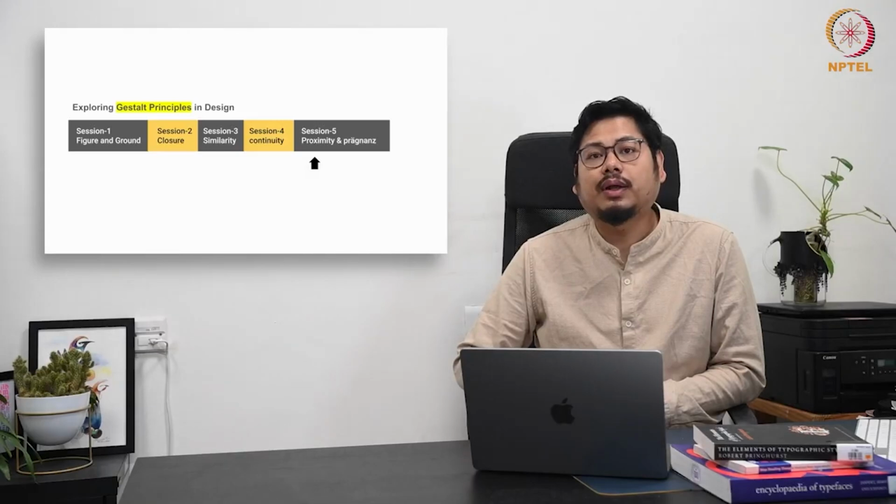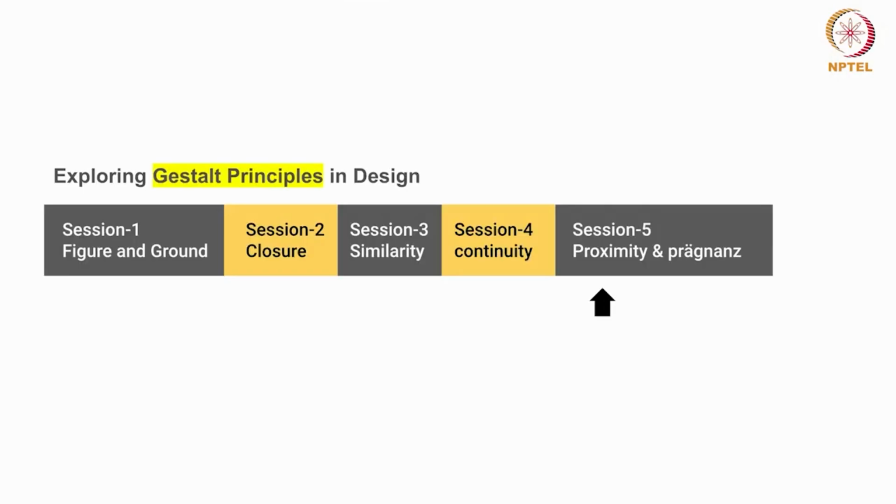So those are all examples of how the idea of continuity can impact the overall composition. Today we will focus on proximity in this session. This session is divided into two segments, part 1 and part 2. In part 1 we'll focus on proximity, and in part 2 we'll focus on Pragnanz. So we'll start with proximity now.